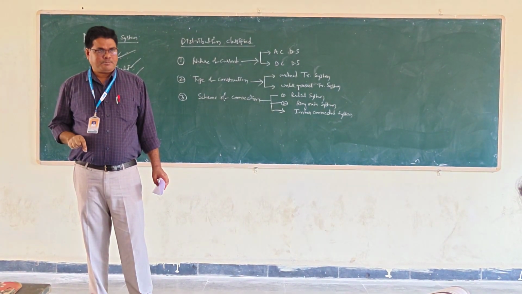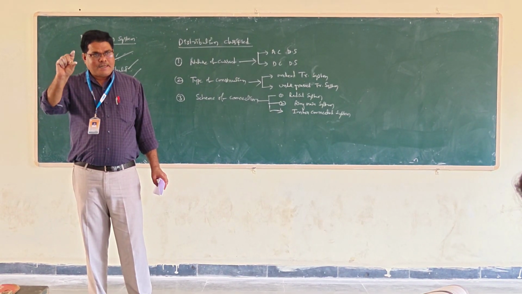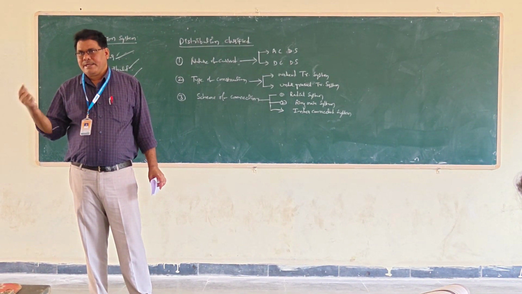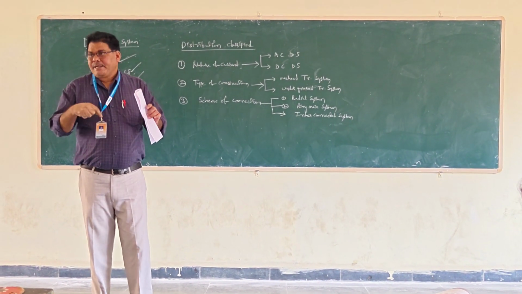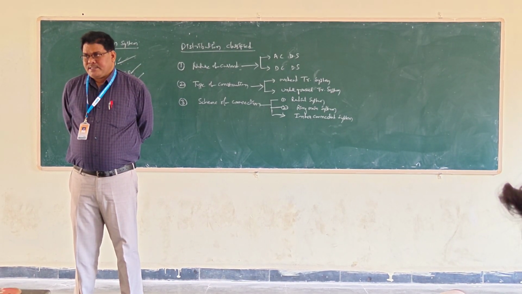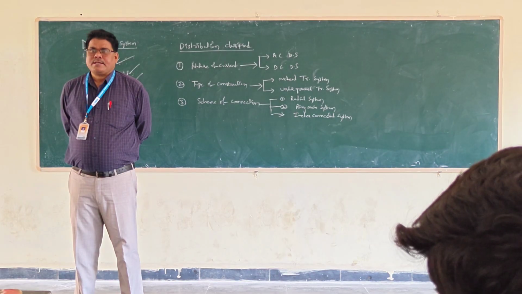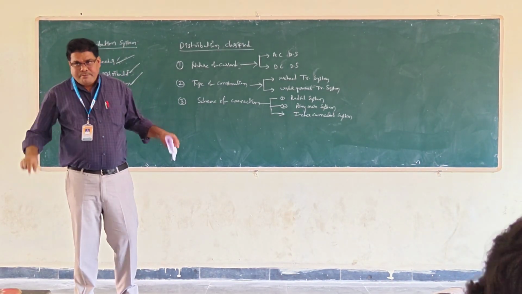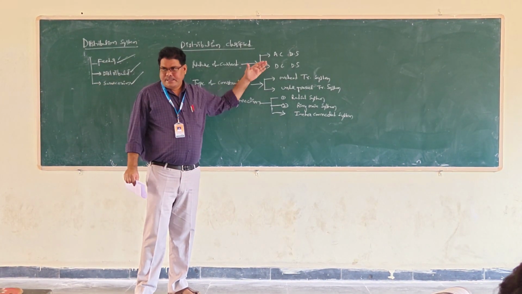Initial cost is high. DC conductor cost is low, but maintenance is very high, with power electronic devices, rectifiers, IGBTs, inverters. So nowadays we are using AC in our country.